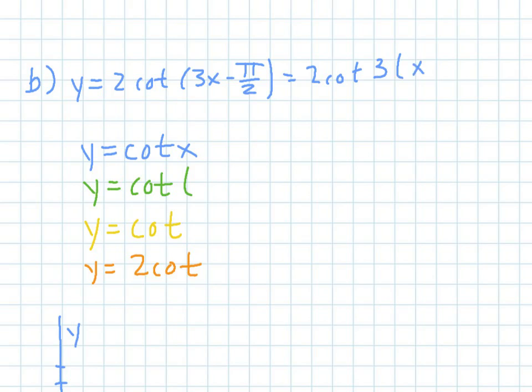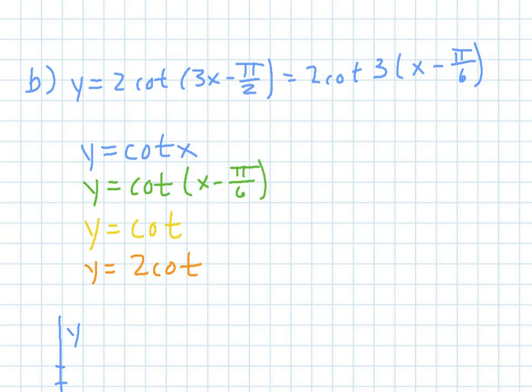Pi over 2 divided by 3 is the same thing as multiplying by 1/3. So that gives you pi over 6. Okay, so then for my transformations, this first transformation from the original cotangent of x should be x minus pi over 6.